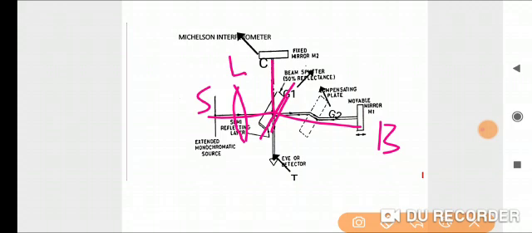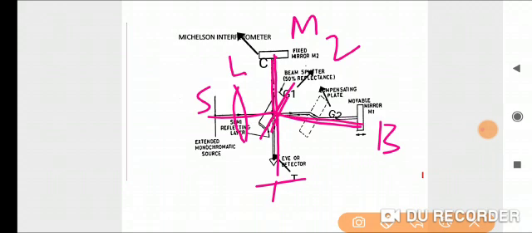The ray AC is received by the plane mirror M2, so that it is reflected along the same path and emerges out along AT.